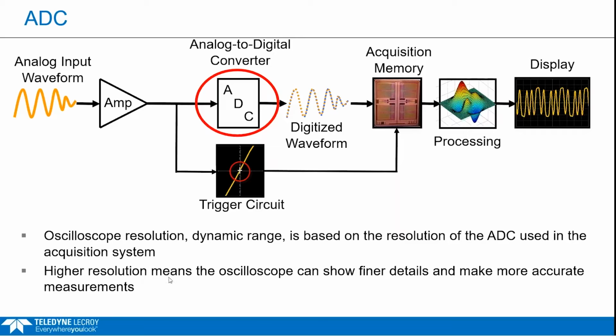Most scopes have 8 bits for our multi-megahertz and even gigahertz scopes. Lower bandwidths have higher dynamic range, higher frequencies have less. So this will show the details.